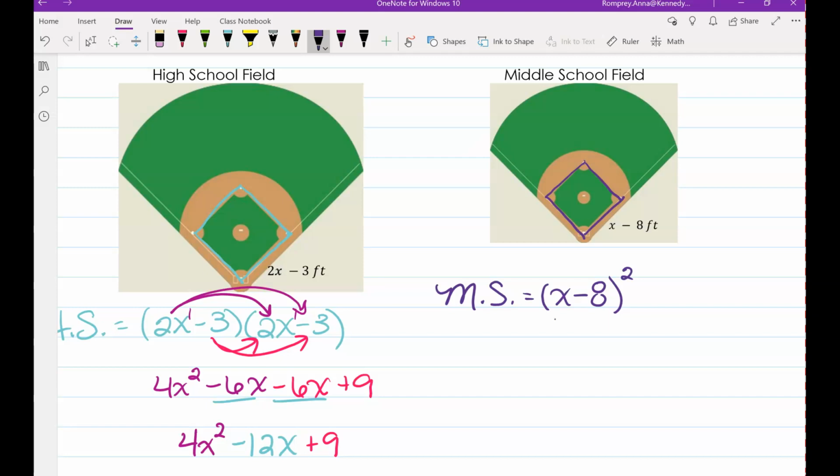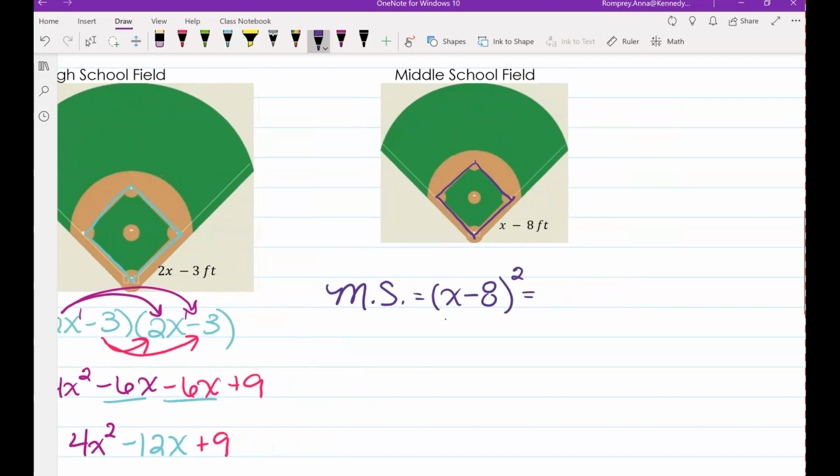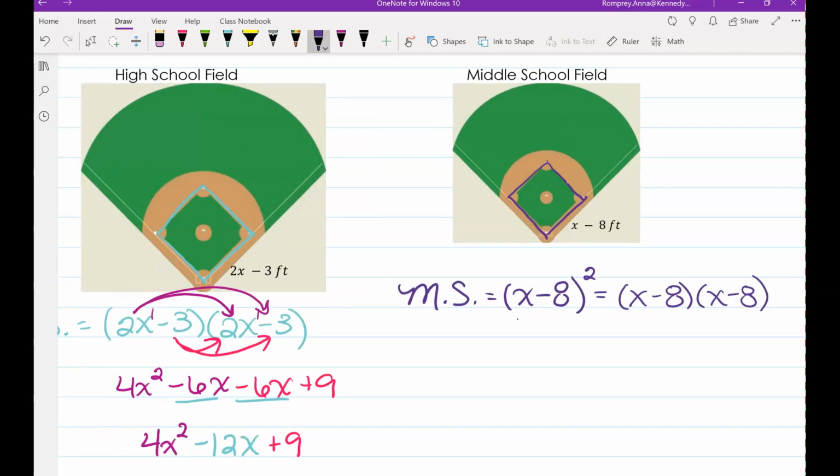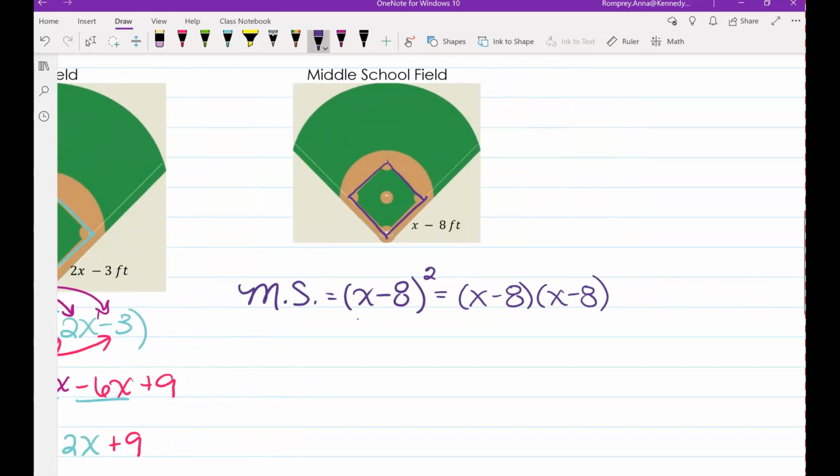So remember, 2 terms, x minus 8 times 2 terms. If you don't write it out like this, you will miss your middle terms. So it's very important that you expand the expression so that you multiply it correctly.